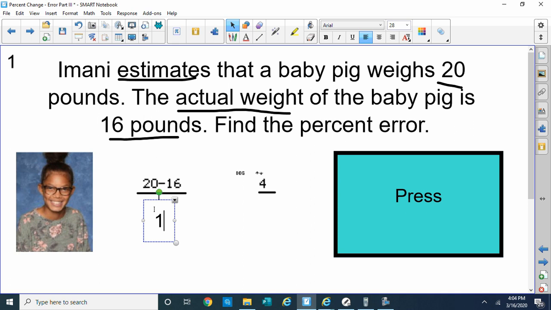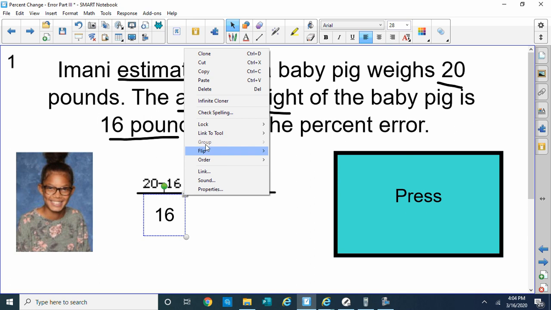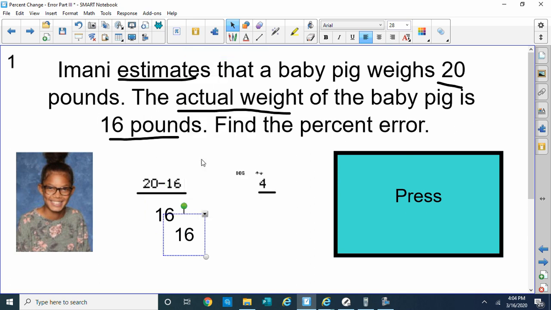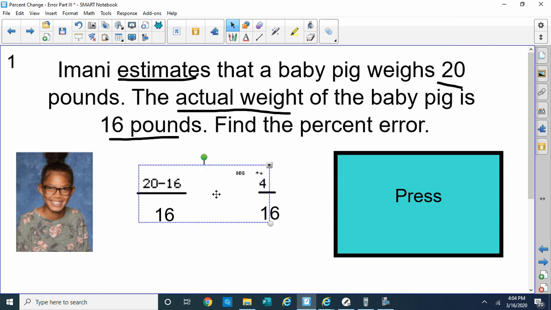So we're going to divide that by 16. So our fraction is going to be equal to 4/16. And we're going to multiply that by 100.